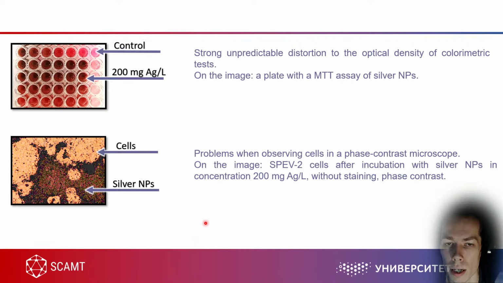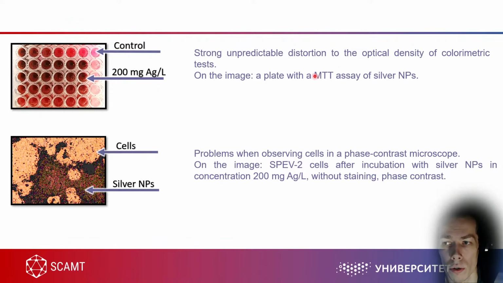And also there can be some problems when you test nanoparticles in a very high concentration, like this one. It's 200 milligrams per liter of silver particles, and you can see this is a control well, and this is a well with nanoparticles. And even if you observe your cells directly with your own eyes, there is a lot of optical interference from these nanoparticles with your MTT assay.